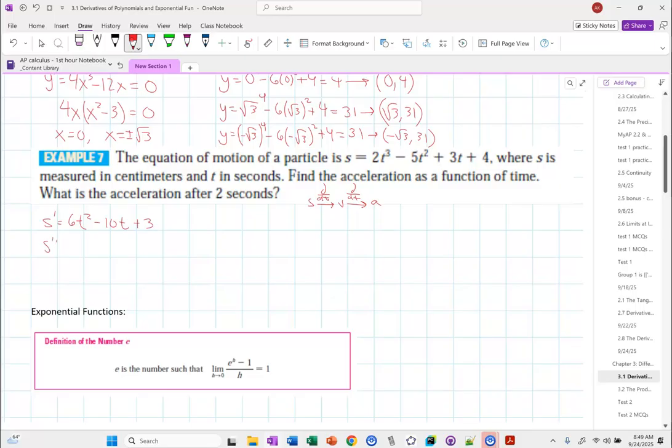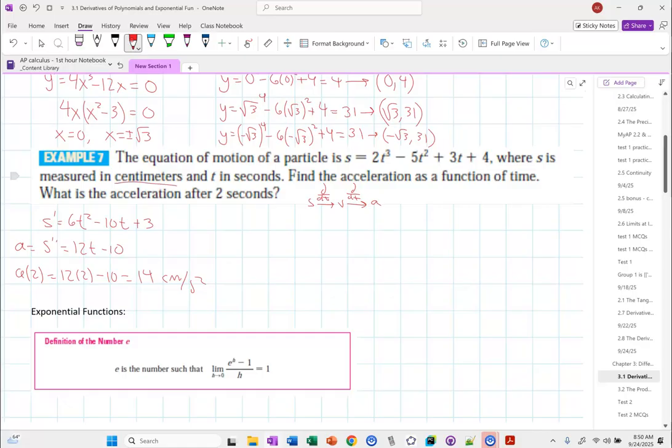That's the first derivative. The second is going to be derivative of 6t squared, 12t. Derivative of negative 10t, negative 10. Okay? So a of 2 is just going to be, and I guess it's centimeters per second squared.